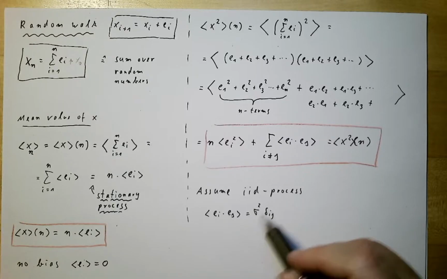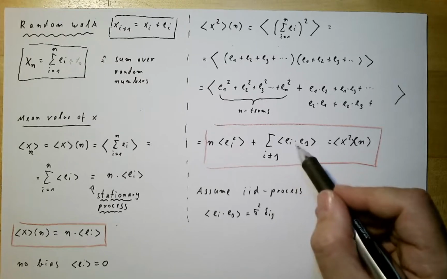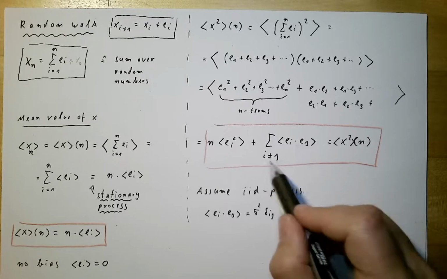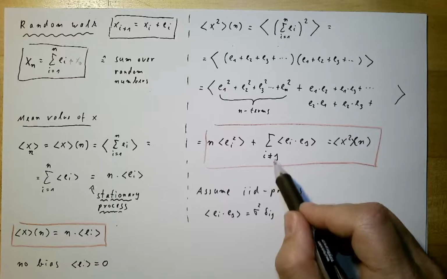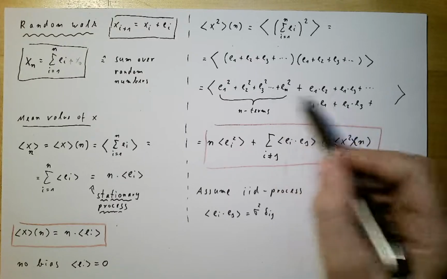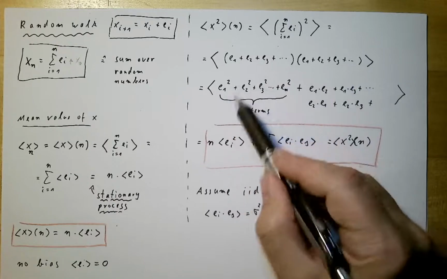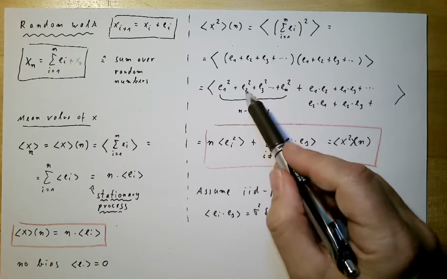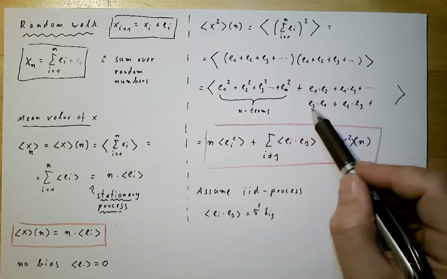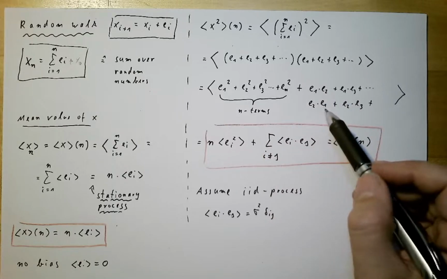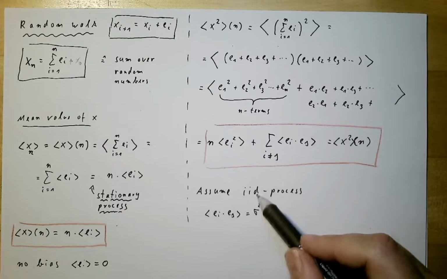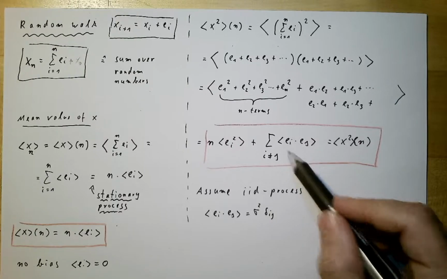But in this sum here, we sum only over these values where i is not equal to j. And that was the whole point, to separate in this sum all these values where we have the same time point, where we can write down the square, and these points where we have increments at different time points. But for an IID process, all of these vanish.